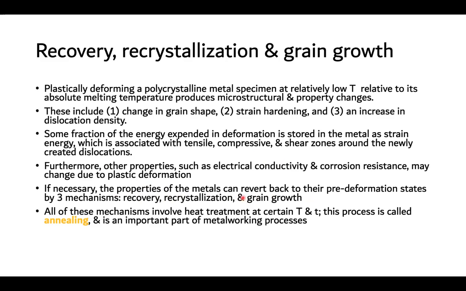So even though we have stretched the metal to make it stronger, in some cases we can do recovery, recrystallization, and grain growth in order for the metal to have the original properties. All of these mechanisms involve heat treatment.